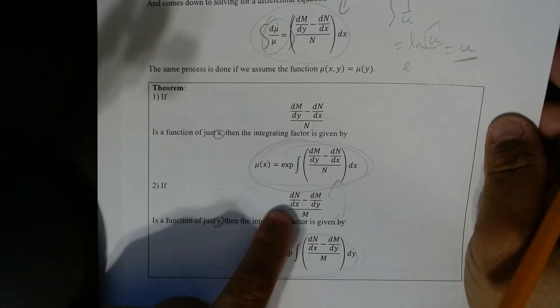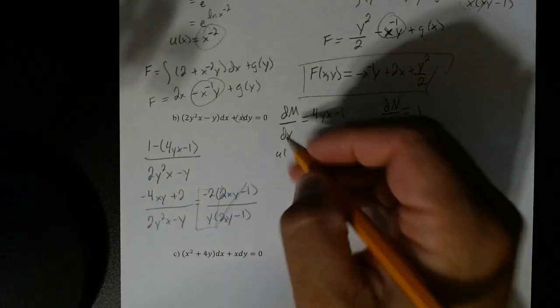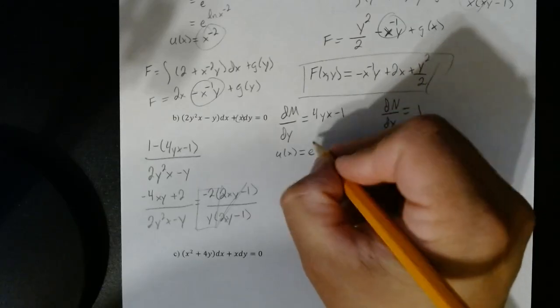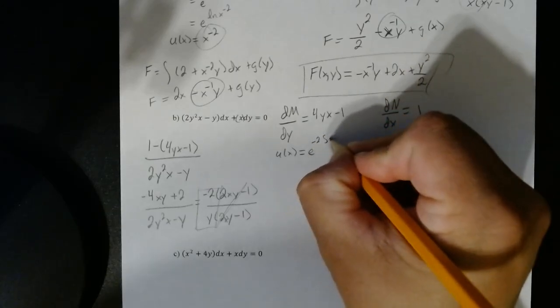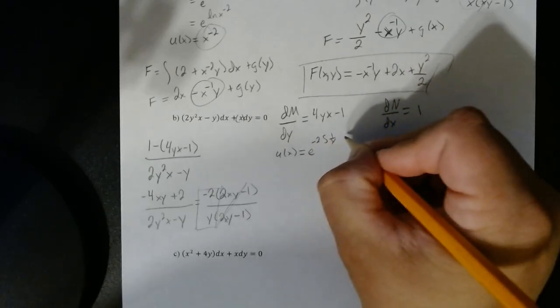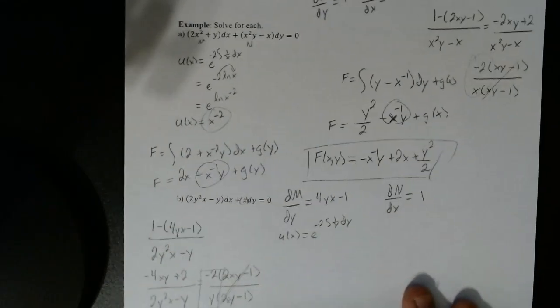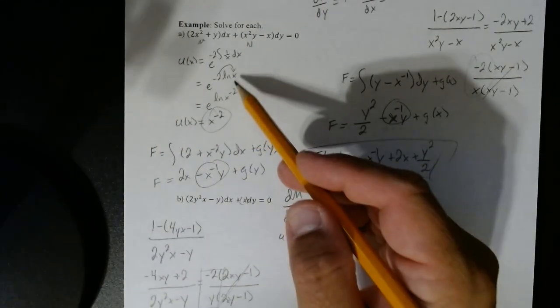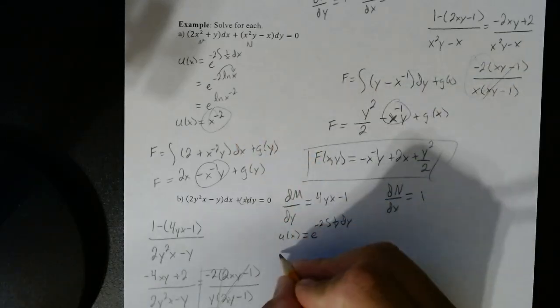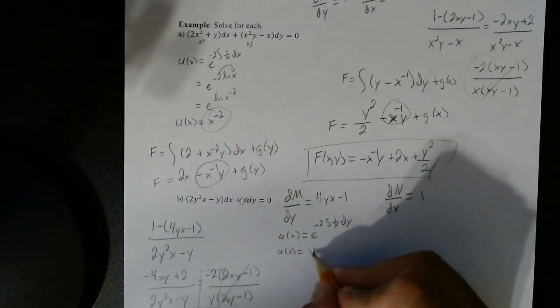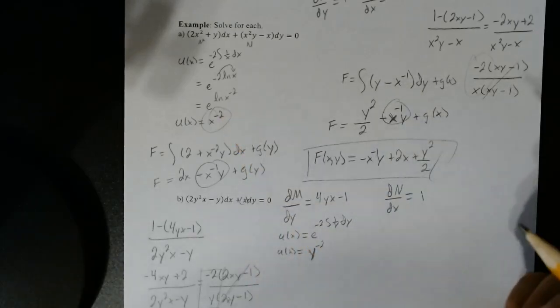So now our u of x, our integrating factor, is going to be e to the negative 2 integral 1 over y dy, which if you notice is the exact copy of what we just did above, just in terms of x instead. So I'll just skip that step and say u of x is going to equal y to the negative 2 power. So just change the variables there.